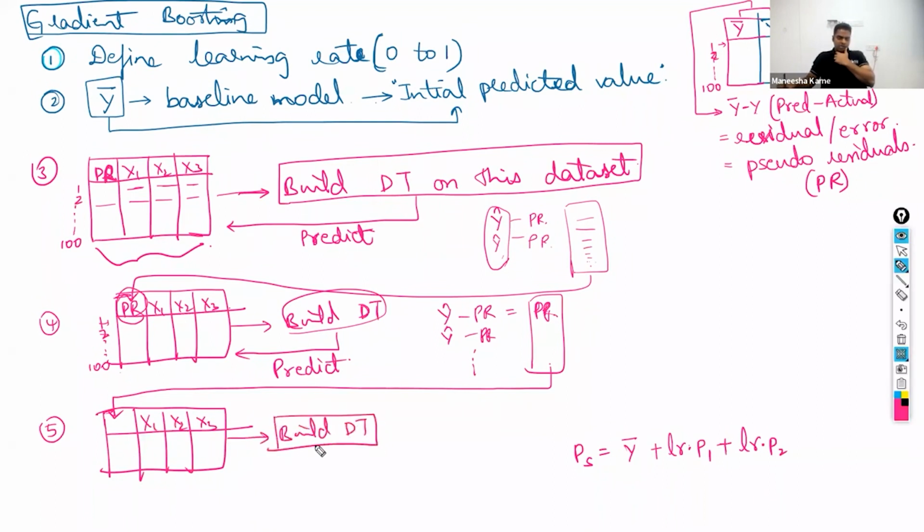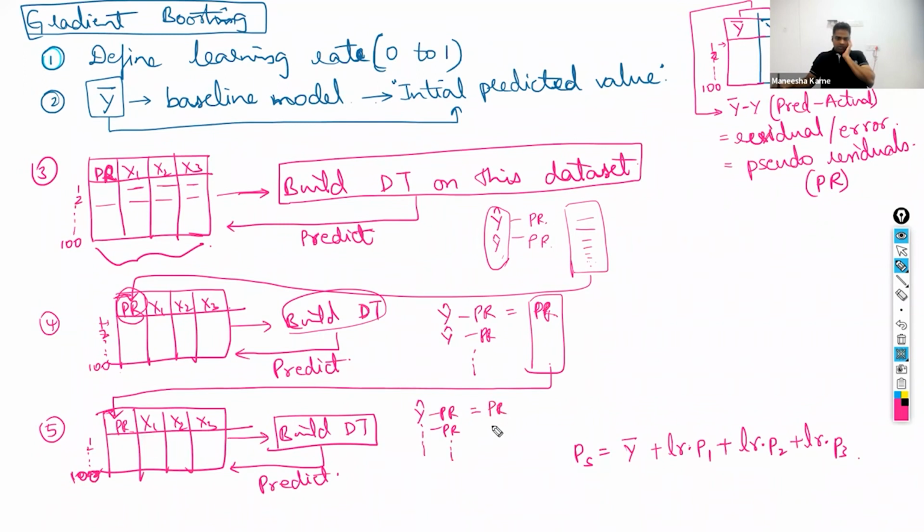And once you build your decision tree, predict on the data set, and then you get the predicted values for all these 100 observations. Okay. Once you get the predicted values, you multiply those predicted values with the learning rate. And then when you subtract it from these actual values, what do you get?